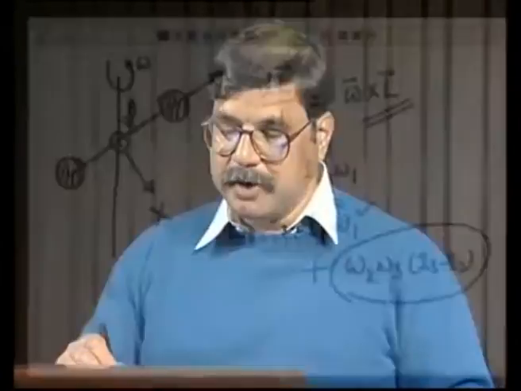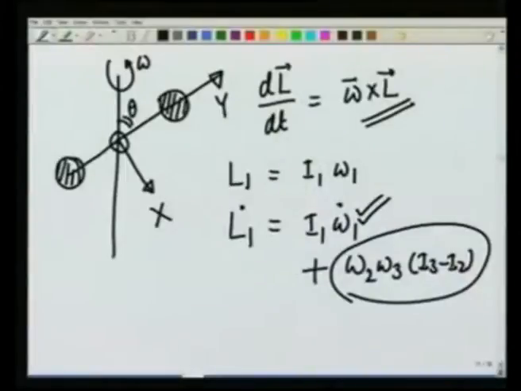One because angular velocity itself is changing, and two because L is not in the direction of omega, and therefore it rotates about the angular velocity.